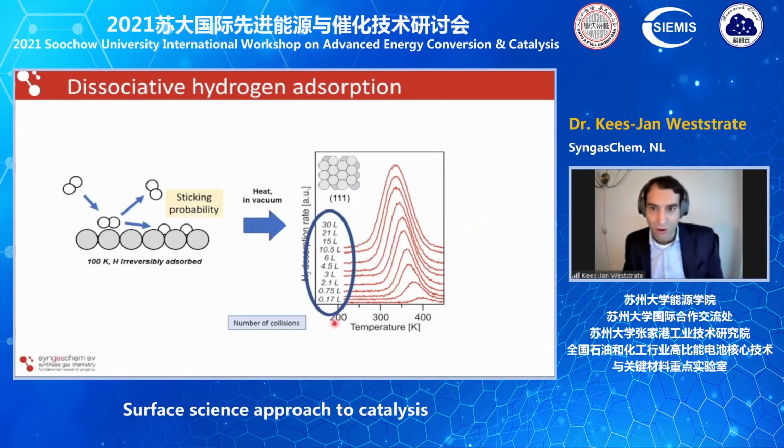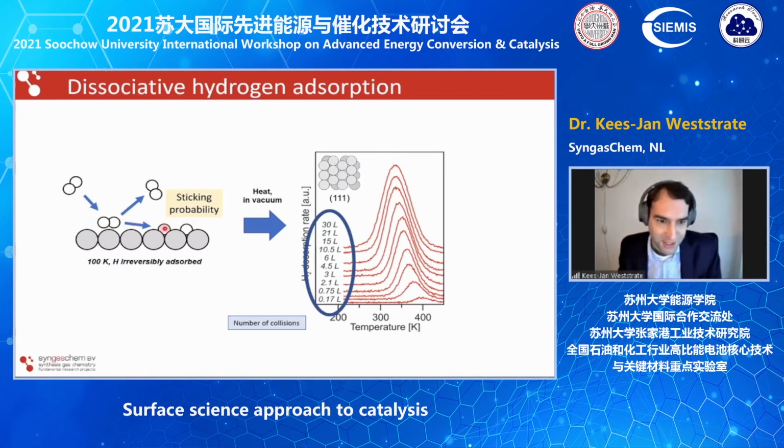But we can also learn more, because we can learn something about the reaction to go from a hydrogen molecule, a hydrogen-hydrogen bond, to two hydrogen atoms on the surface. What has to happen is that the hydrogen from the gas phase will come to the surface, and then it can either simply bounce off like a bouncing ball and leave the surface, and then you will not create anything on the surface.